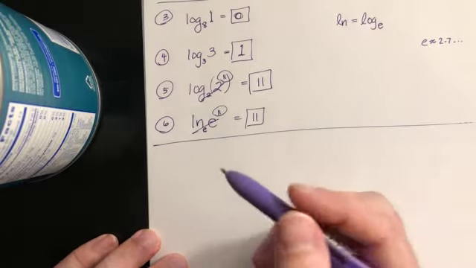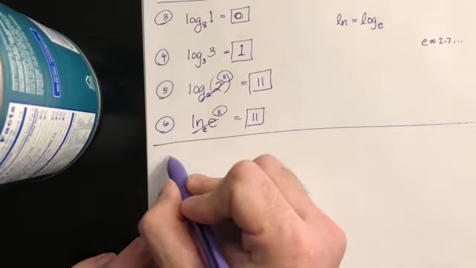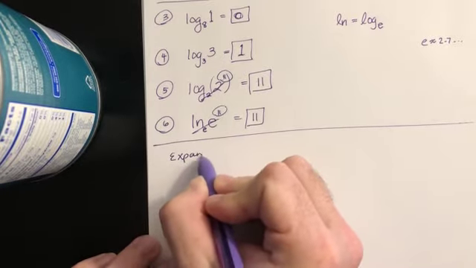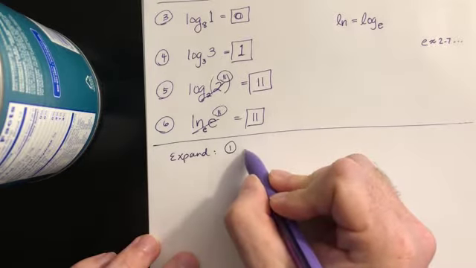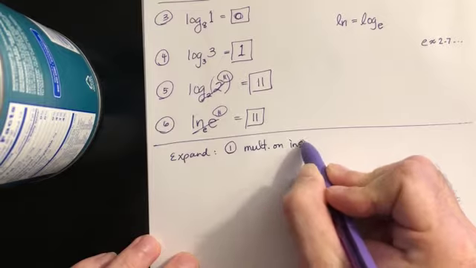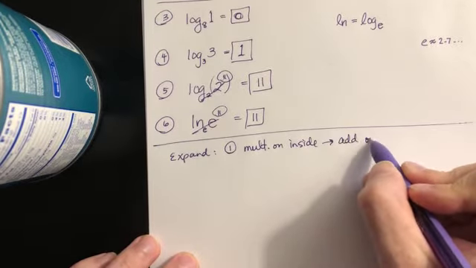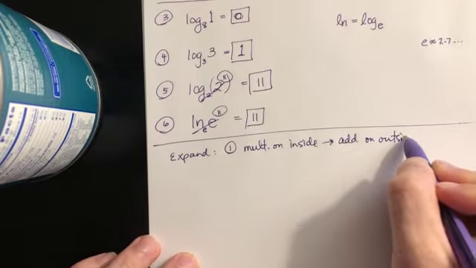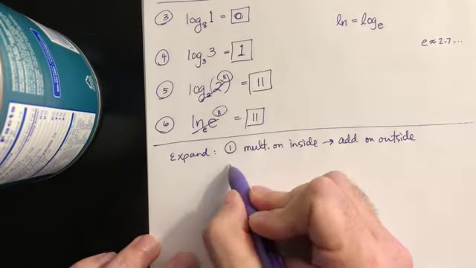The next thing we learn are the expansion and condensing properties. To expand, we want to first deal with multiply on the inside goes to add on the outside. That's me trying to write the notes in some English form.